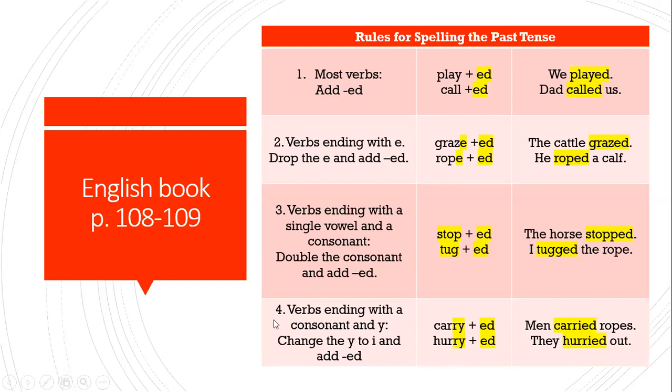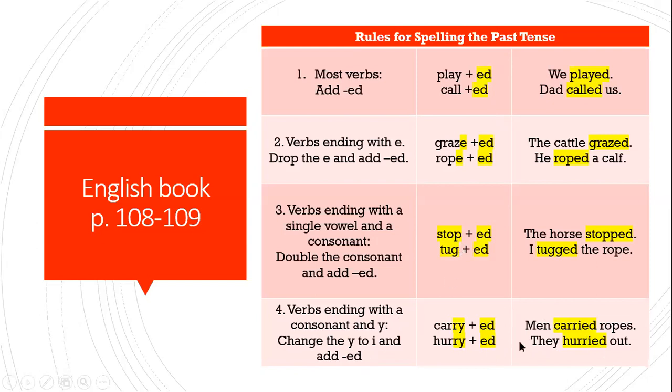So the rule states that when the verb ends with a consonant and Y, we're going to change the Y to I and add ed to form the past tense, which is what we're working with, okay? So this is why hurry, which ended with a consonant and Y, now ends with I, ed, because we changed the Y to I, and we added ed at the end to form the past tense.